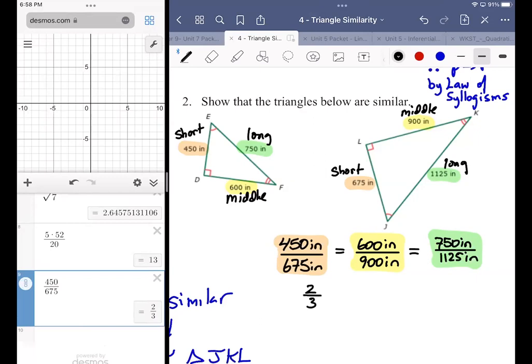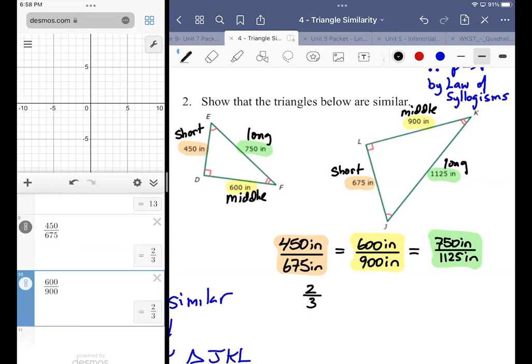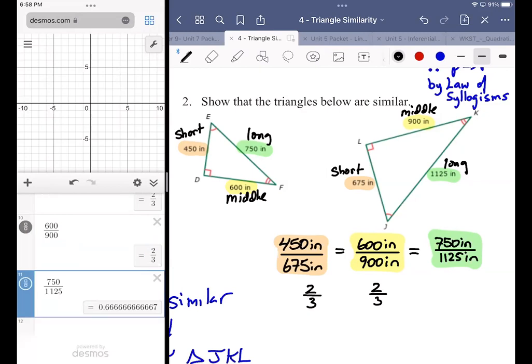Again, the inches, the units cancel away. IN divided by IN goes to 1. So then 600 divided by 900, also 2/3. 750 divided by 1125, also 2/3.